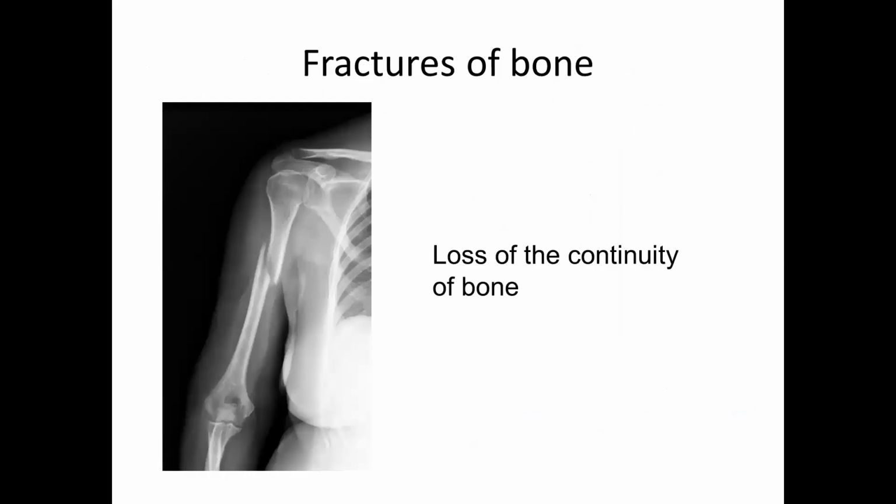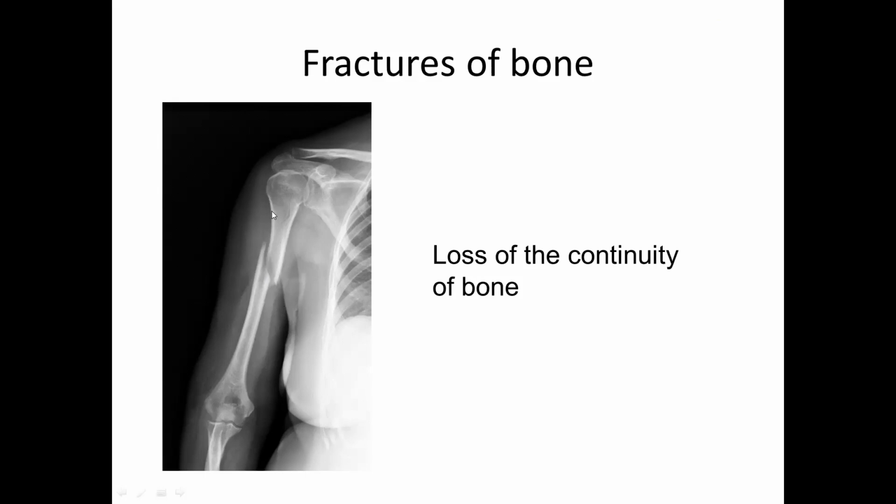Now let's look at some clinical correlates of all that we have learned. Fractures of bone. What is a fracture? That is basically the loss of continuity of bone. Now here you can see a fracture of the shaft of the humerus. The shaft of the humerus is broken at this site.